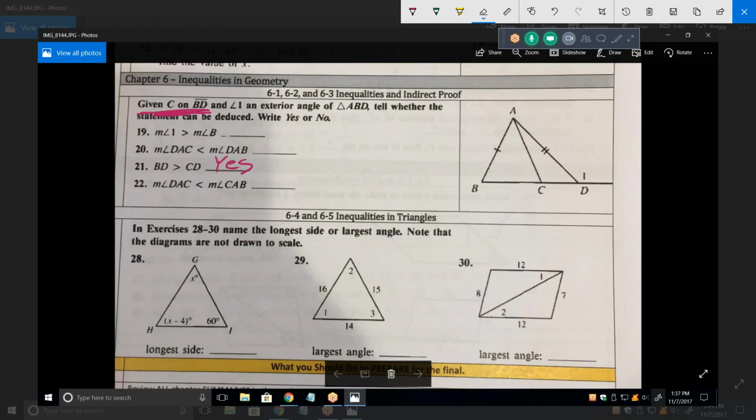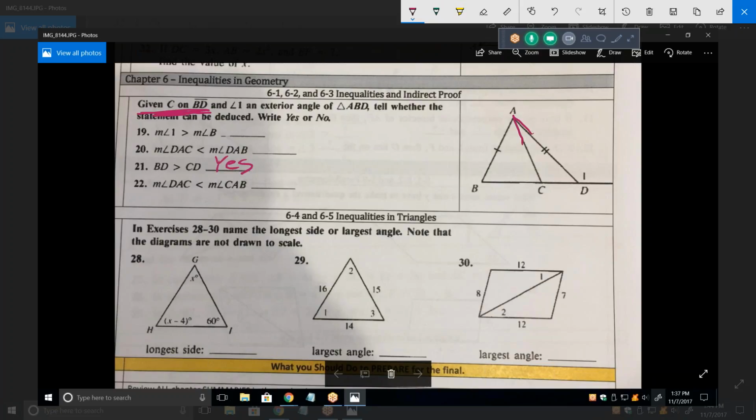All right, 22. Angle DAC, again, this angle here, is less than CAB. True or false?